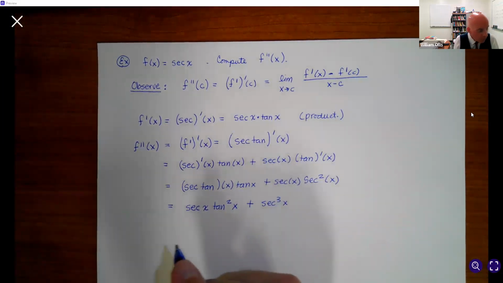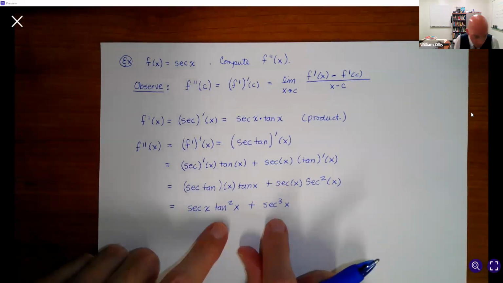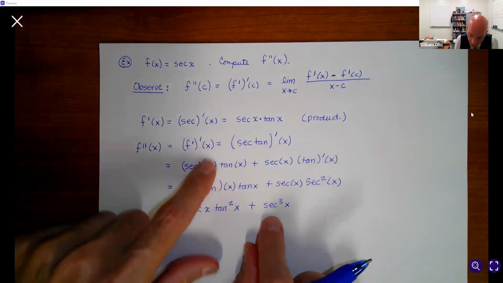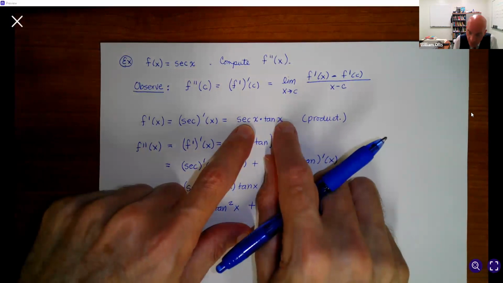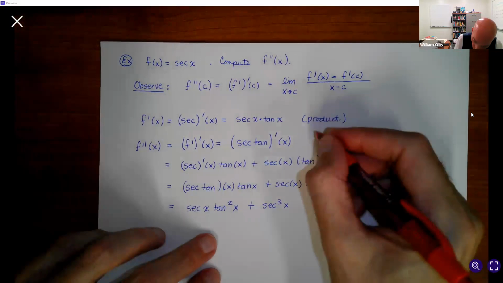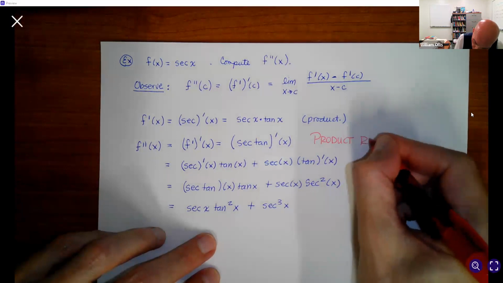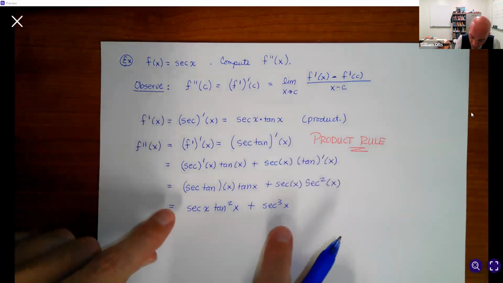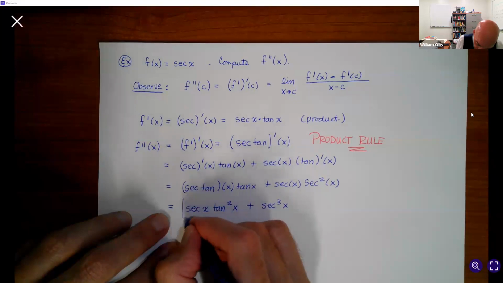Now, when you think about this particular exercise, what's important is that all we have to do is keep up with the fact that we take the first derivative and then say, okay, now we have a product, so we have to apply the product rule. So again, it's all a matter of what? Patterns. Product rule. And so when we apply the product rule, we see that our second derivative is now what?